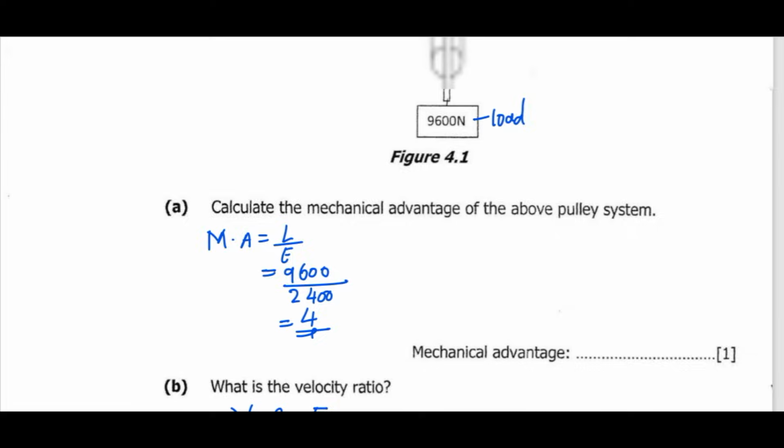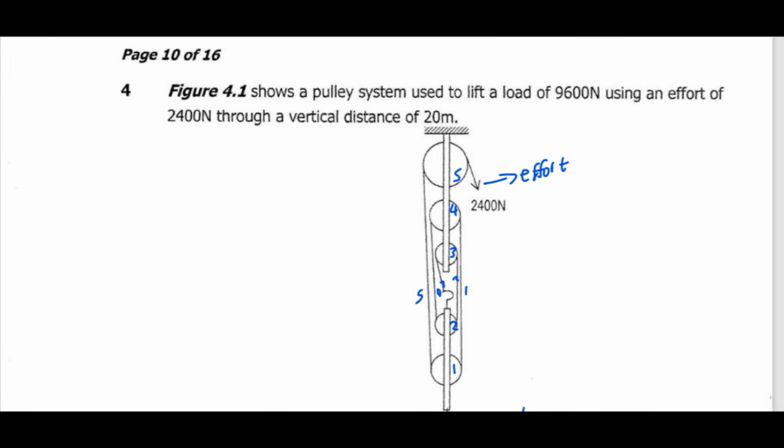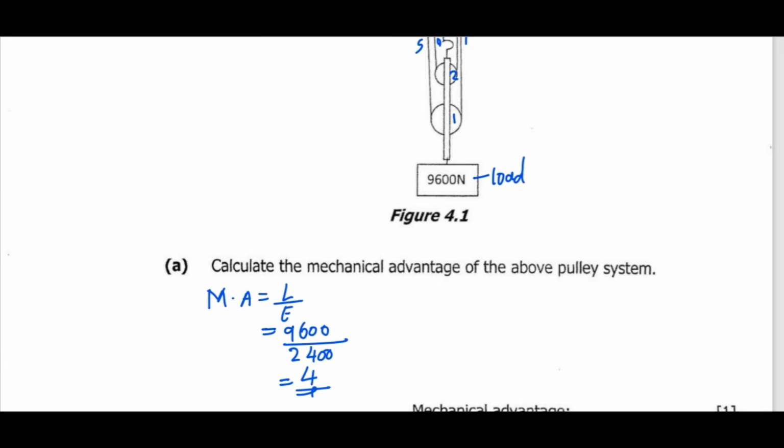Then calculate the distance moved by the effort. Let's go back and look at the data that we have. Through a vertical distance of 20. This means that from the original point where the load was to the point where it is now after being lifted, it covered a distance of 20 meters. So this is the distance moved by the load.